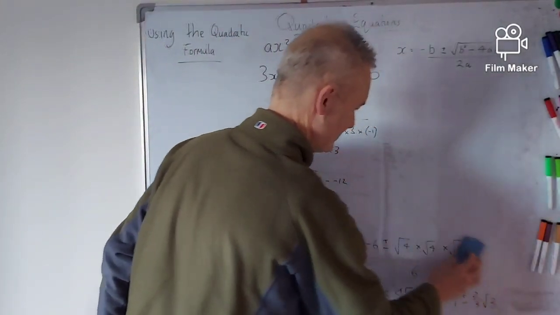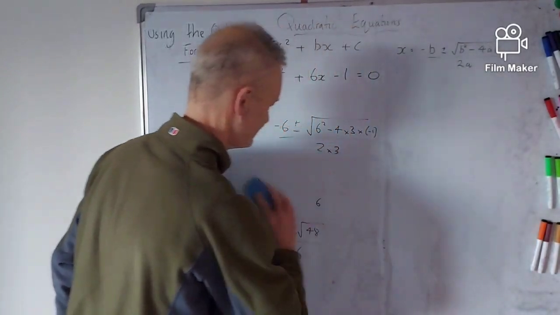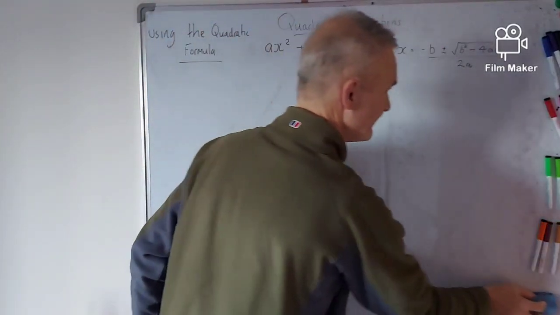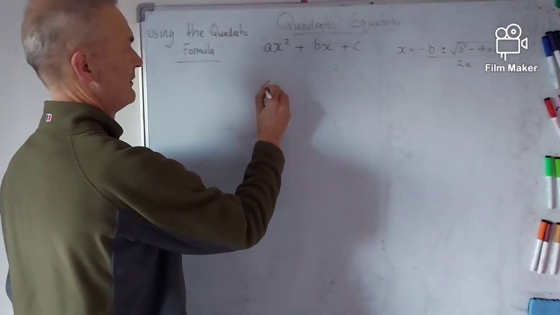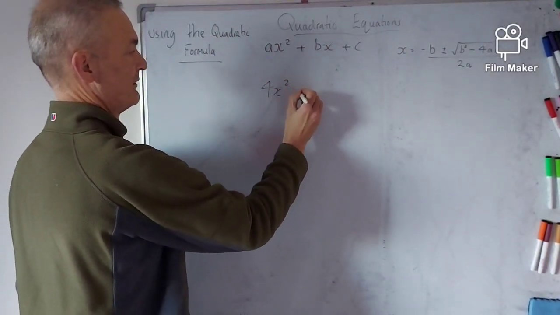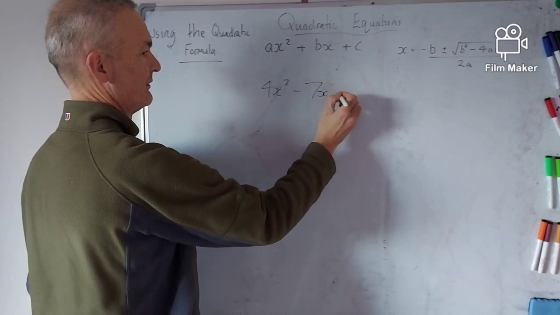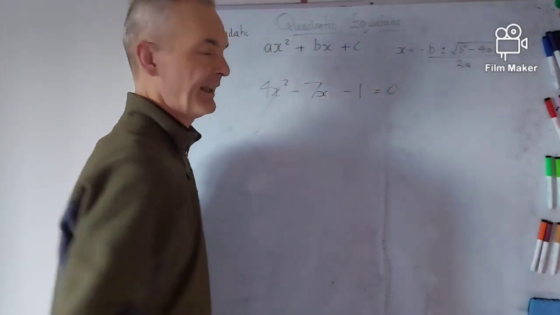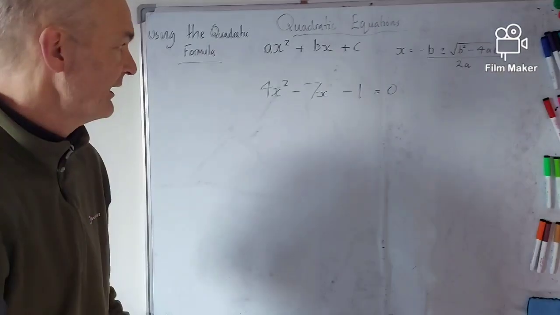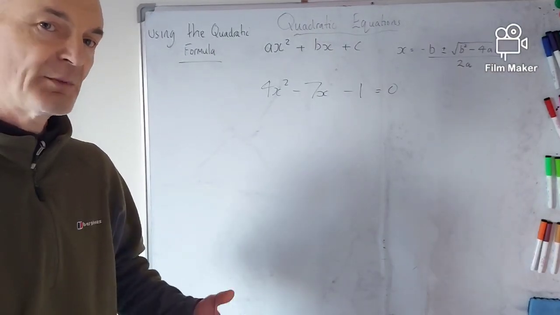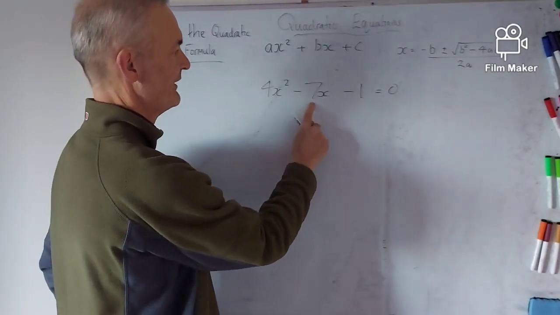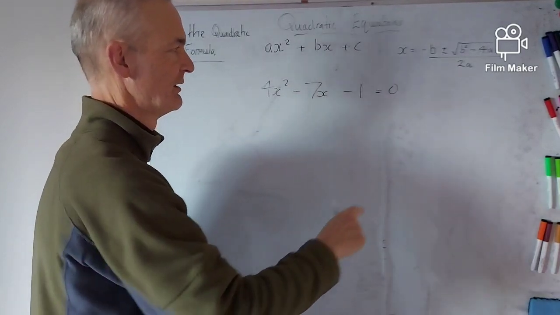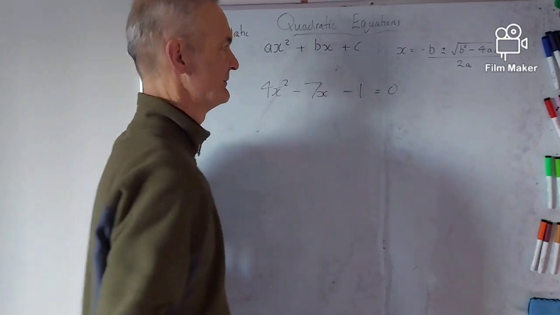Okay, let's have a look at another one. Okay, here's another quadratic. Now, what we've got to do here, we've got to be careful. We've got a minus 7 here, so our b term is a negative term. It's got negative b here.